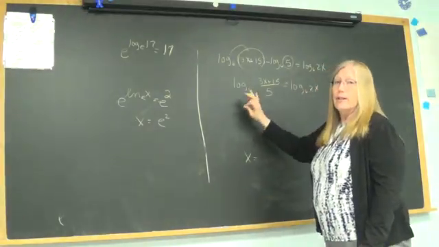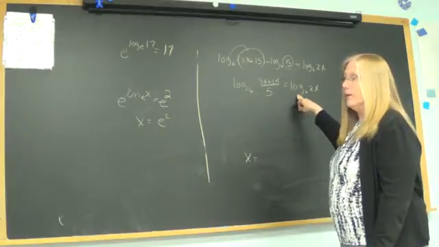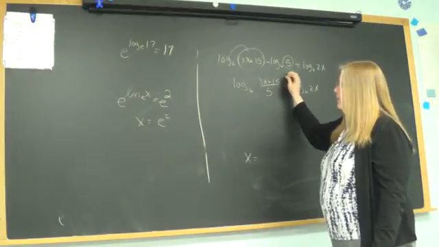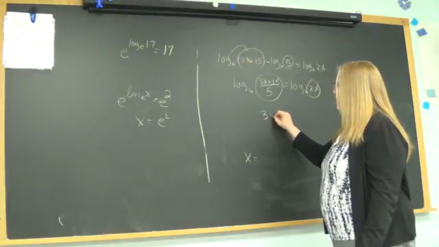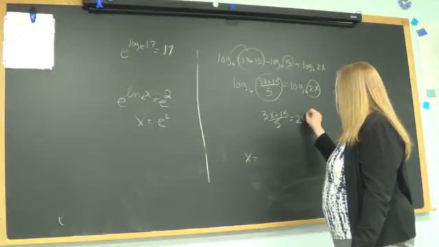Now I have log on one side one time, log on the other side one time. The only way these two expressions are equal is if their arguments are equal. So I can just extract the arguments and solve them.